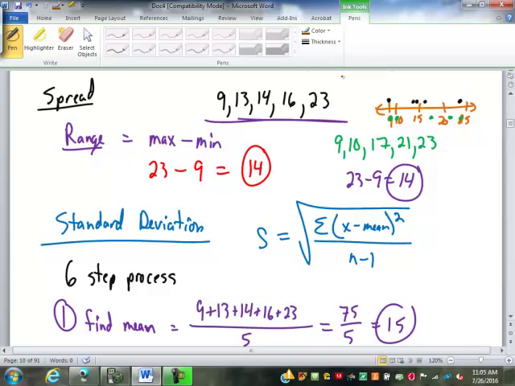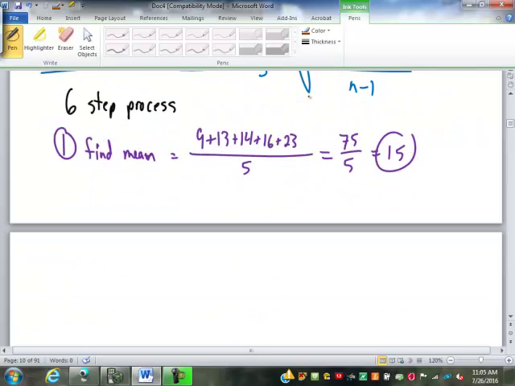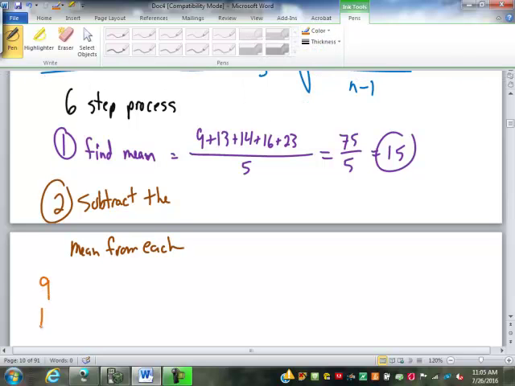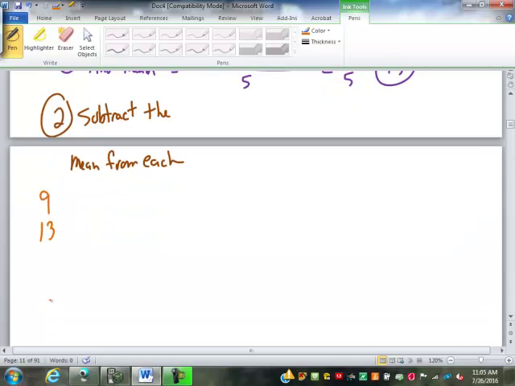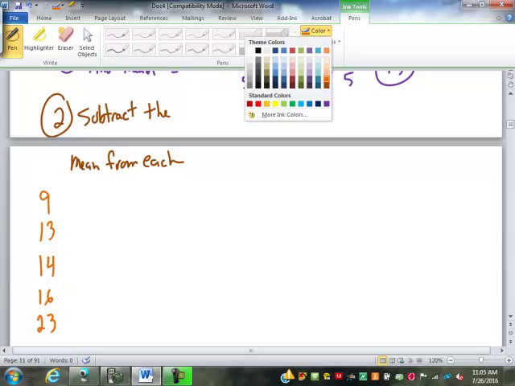So that's step 1, is to find the mean. Step 2 is subtract the mean from each number. So I have my 9, my 13, 14, 16, and 23. I am going to subtract my mean from each of them.